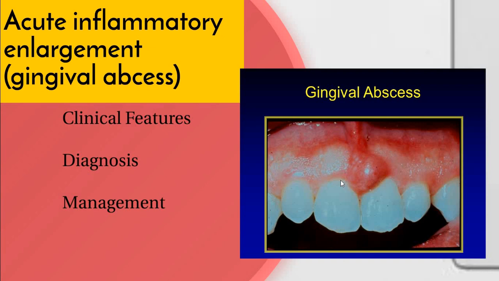After topical anesthesia is applied, the fluctuant area of the lesion is incised with a blade, and the incision is gently widened to permit drainage. The area should be cleaned with warm water and covered with a gauze pad. After the bleeding stops, the patient is instructed to rinse every 2 hours with a full glass of water.